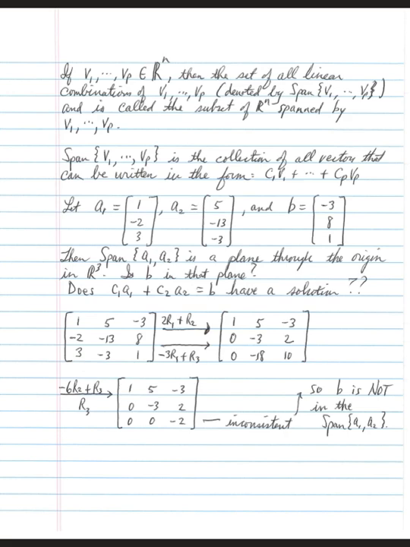R3, think of it as a box or a cube or the room that you're sitting in. If you've got a set of vectors that will cover all that space, then that's called your span.